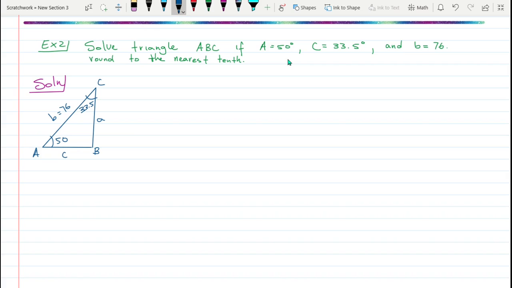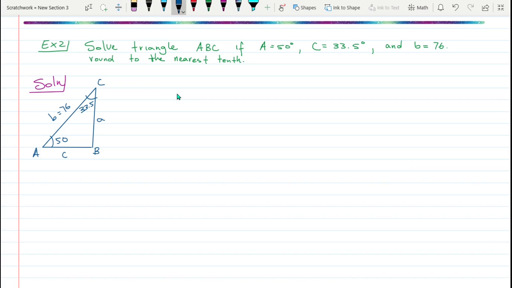Okay? This is one of those cases called ASA because we're given an angle, a side in between, and then another angle. So angle, side, angle is the case that we're dealing with right now.